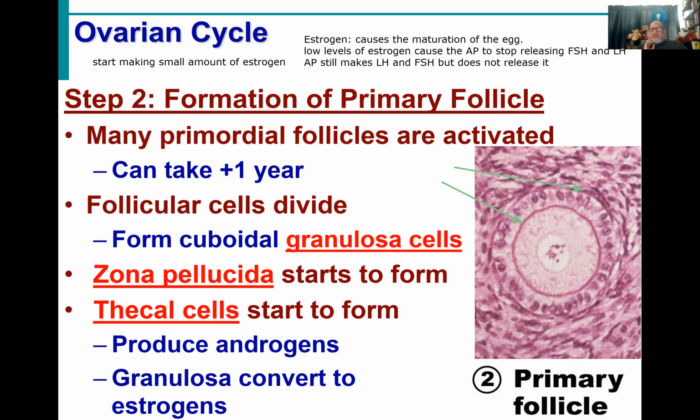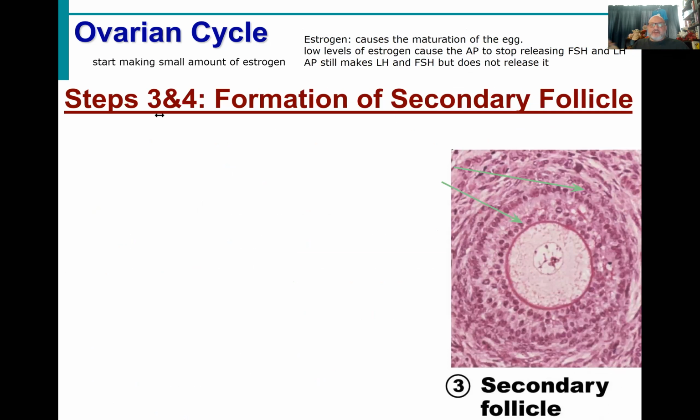Now, as our follicles continue to grow, remember we mentioned a few of them reach the secondary state. And again, you have more granulosa cells, so you make more estrogen.